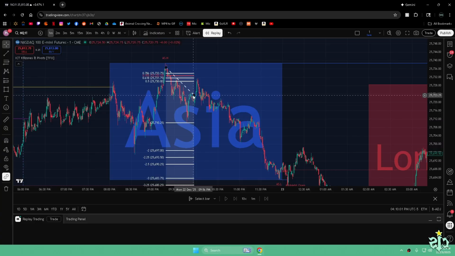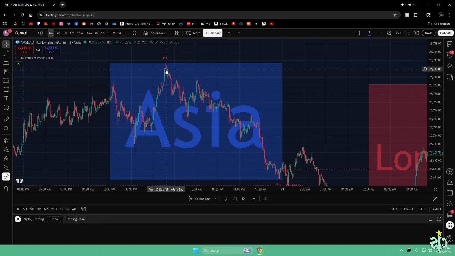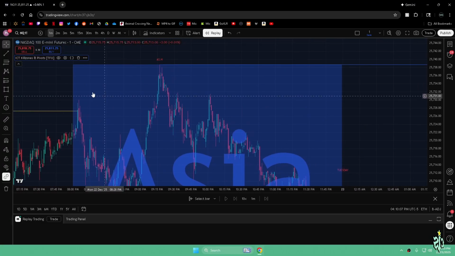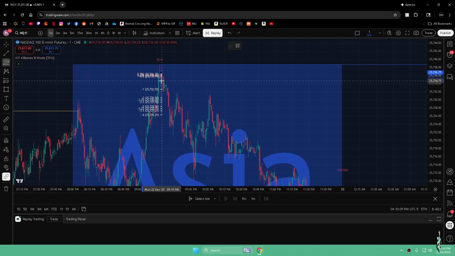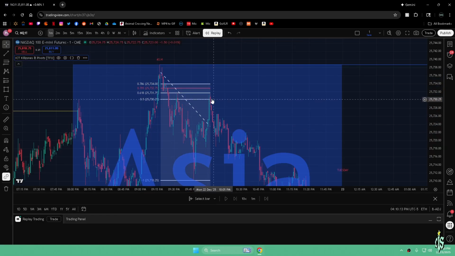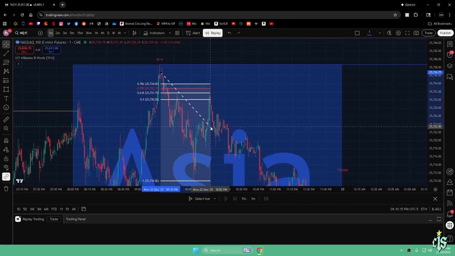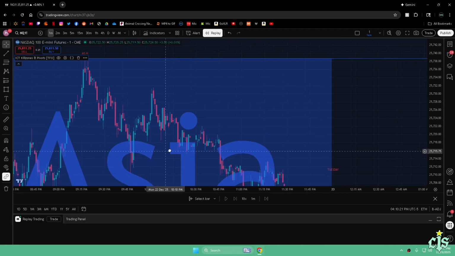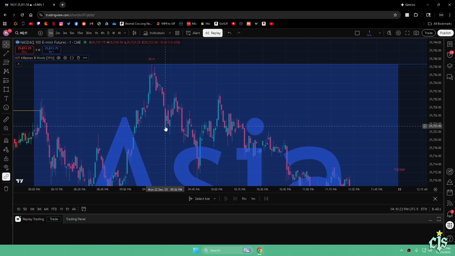I just took the range of this green candle wick, this green candle wick to the body close right down here. And then this would be our entry zone. Right here. Something like that, right? And you do this candle because it sweeps this low.